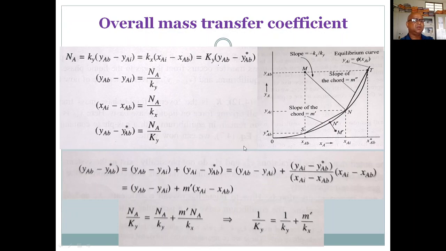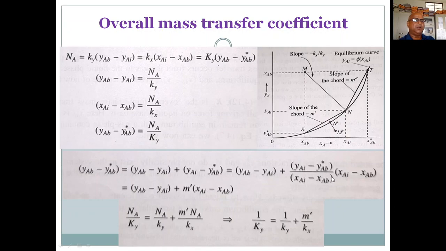So now this part is the same, I kept this part the same. Here I am writing X_Ai minus X_AB. So I divided by this, then I will multiply by the same, because X_Ai minus X_AB is there.